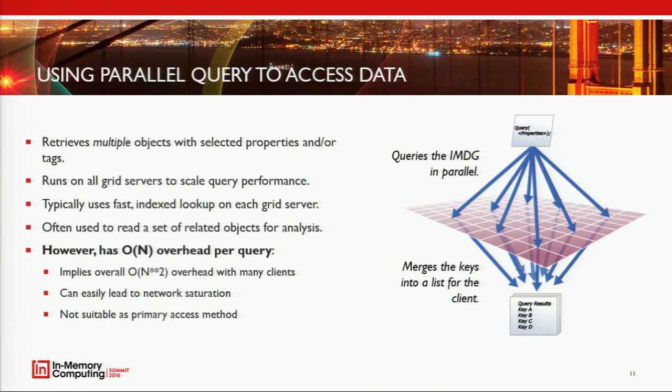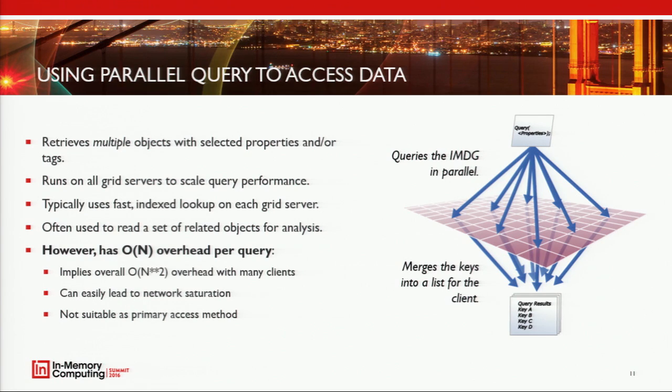Okay? So when you look at query, it's an order n operation. It's going to look at all the partitions of a collection that are spread across an entire grid. So if you have n grid servers, it's going to do an order n lookup, even though it might be an index lookup on each server, which it typically is. It's still going to be an order n operation. Now, you may have n application servers, and we saw that slide for in-memory data grids in the previous talk, the application server farm accessing the grid farm.